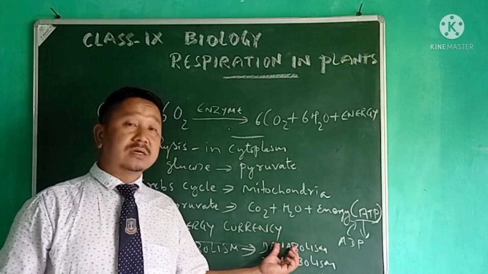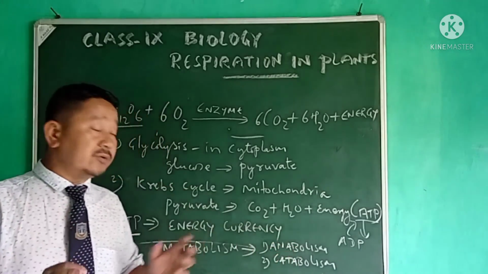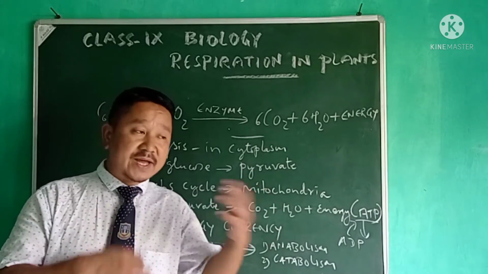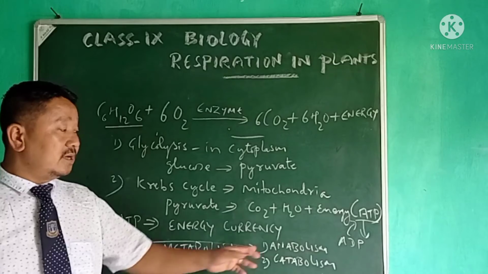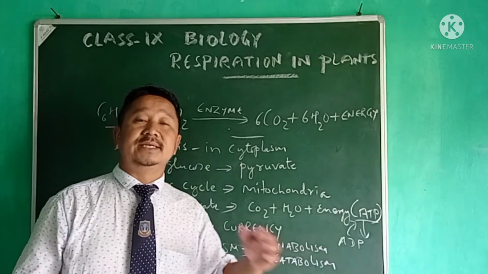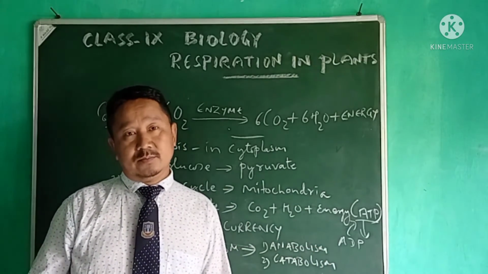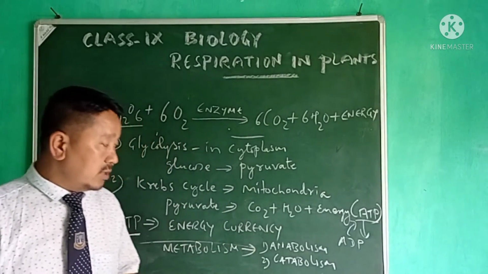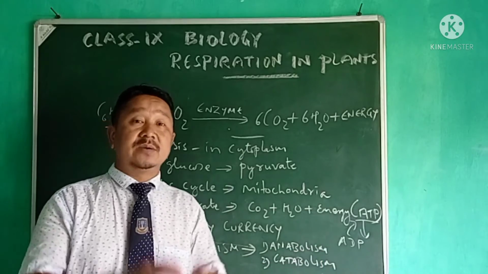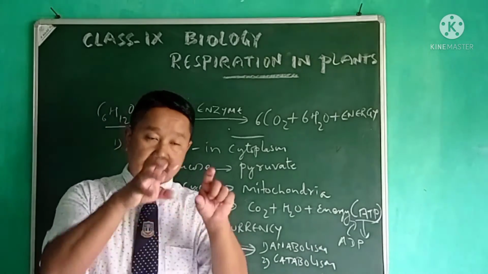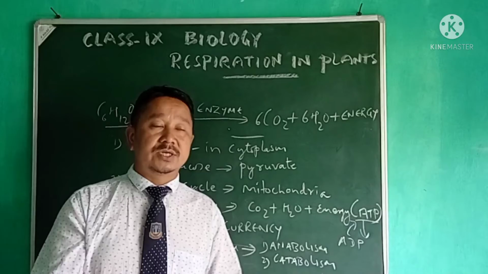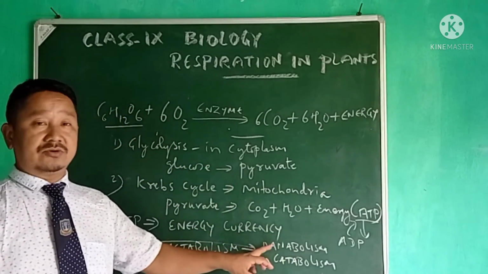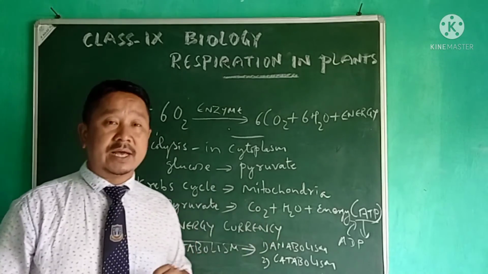As far as the plant is concerned, photosynthesis is an example of anabolism, during which food is constructed. What is constructed? Glucose is constructed. That's why photosynthesis comes under anabolism.